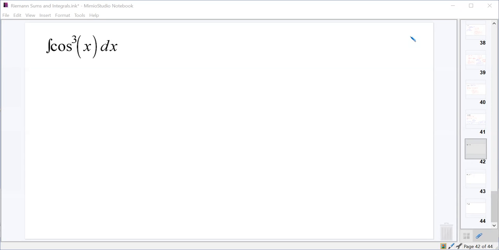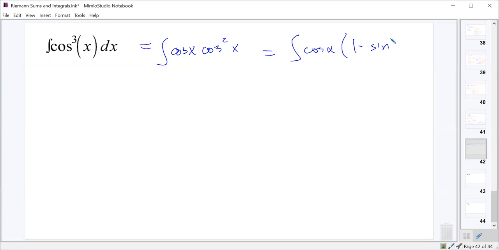What'd you guys do first? Probably you split it up into what? Yeah, cosine times the cosine squared x. And then with any luck, split the now changed into cosine x times 1 minus sine squared x dx.